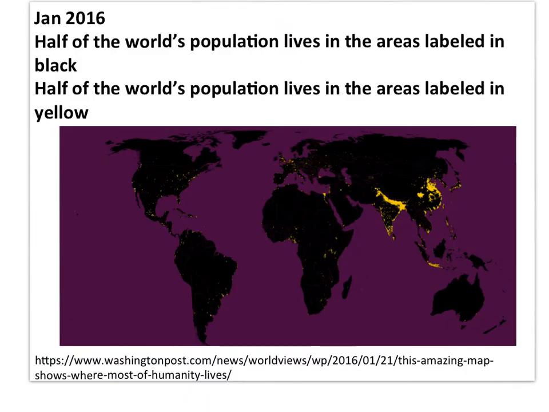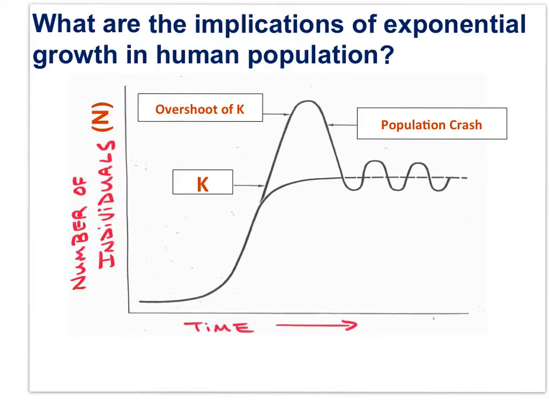As you think about carrying capacity of the earth for the human species, remember that people are not uniformly distributed across the earth, as you can see in this diagram. As well, some biomes can support more people than other biomes. One implication of exponential growth in human populations is that we might exceed carrying capacity.